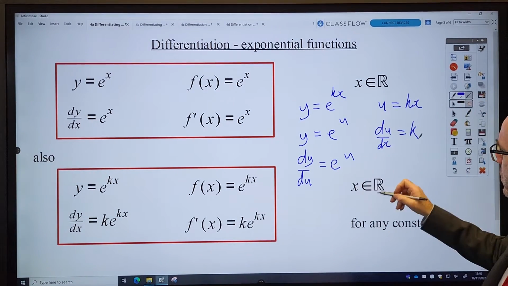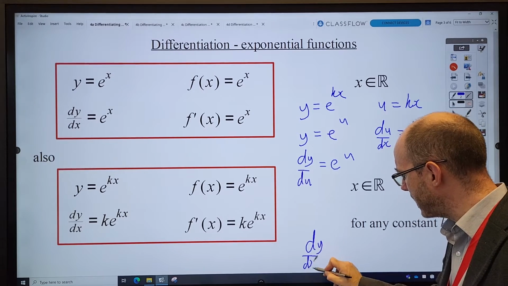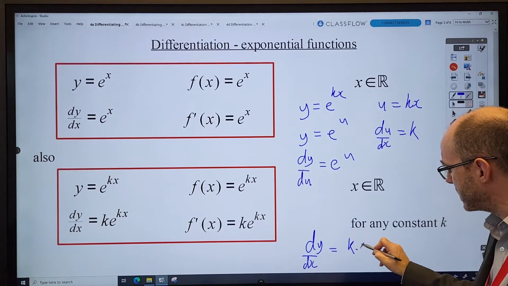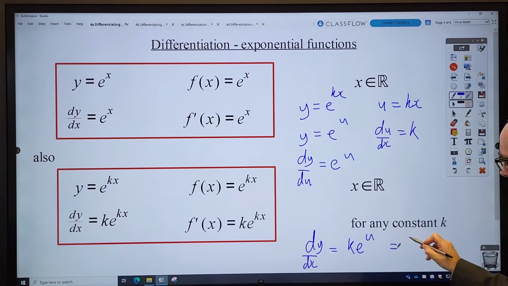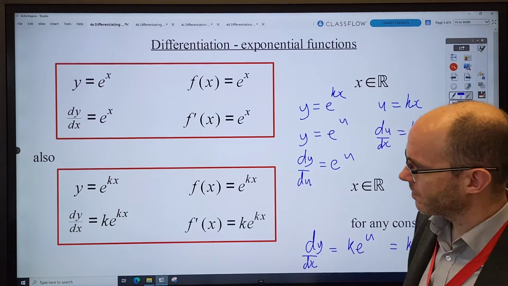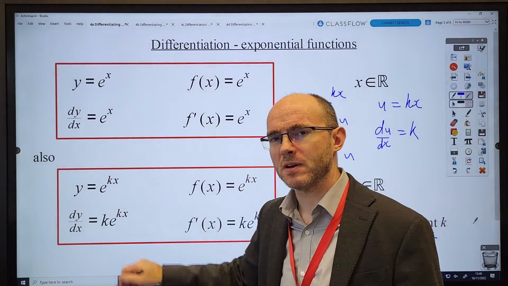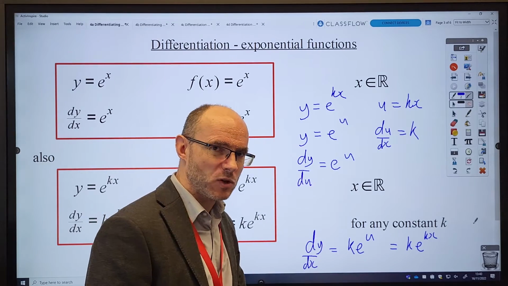Put these together, you're going to end up with, let me just write it down by here, k multiplied by e to the power of u, where u is kx. So k e to the kx. Hence our result here. Now, in general, you can just think a bit more quickly if you're doing it in your head.